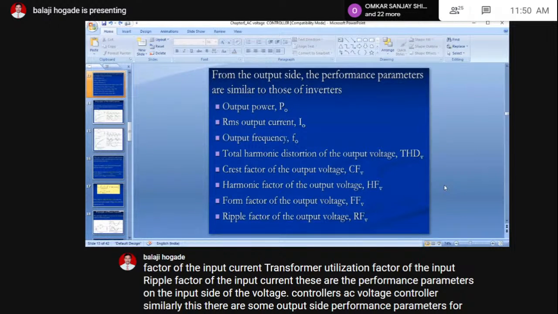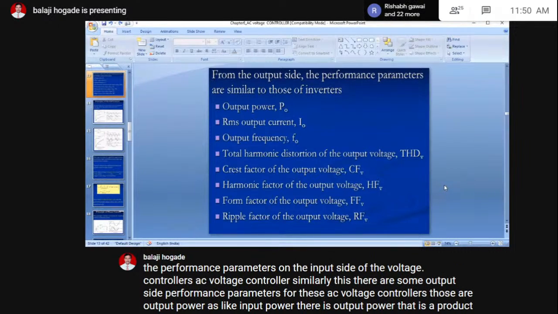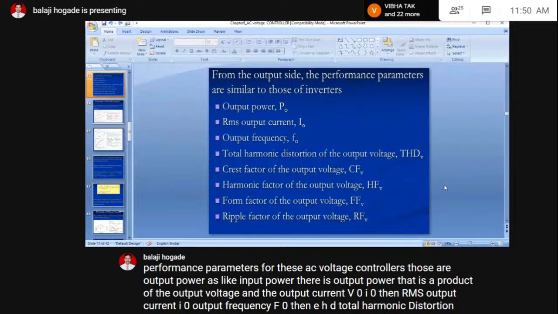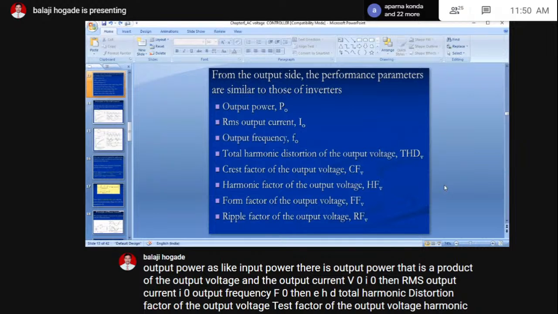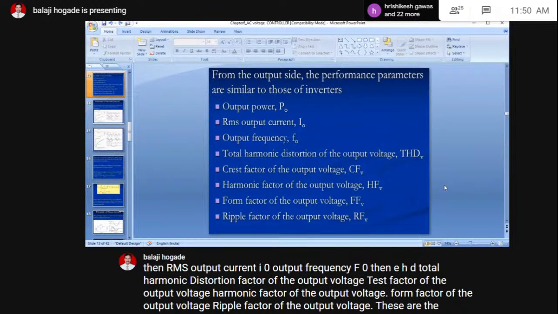As like input power, there is output power, that is product of the output voltage and the output current V0, I0, then RMS output current I0, output frequency F0, then THD, total harmonic distortion factor of the output voltage, crest factor of the output voltage, harmonic factor of the output voltage, form factor of the output voltage, ripple factor of the output voltage. These are the performance parameters at the output side of the AC voltage controllers.